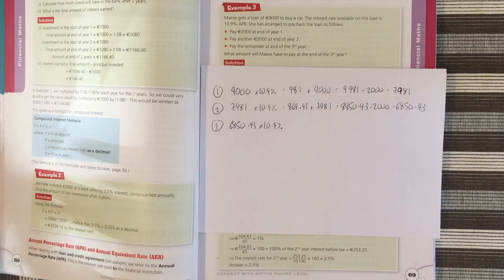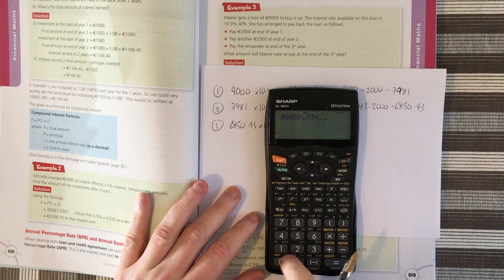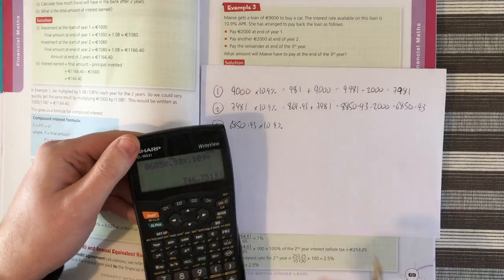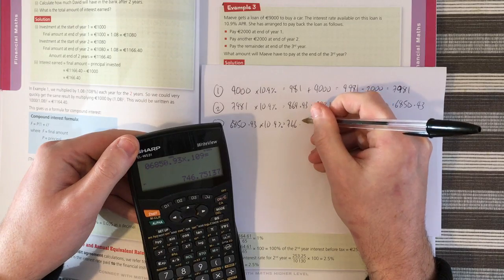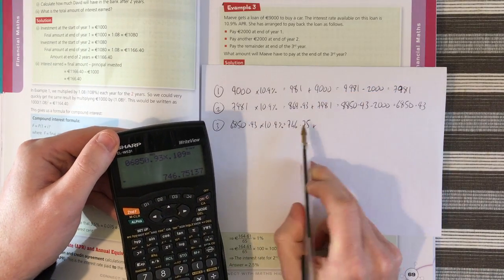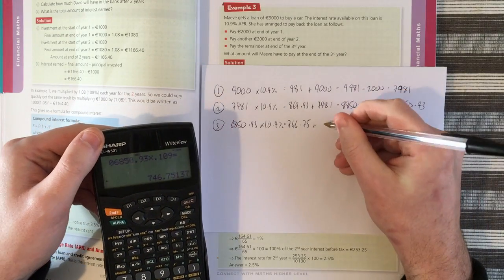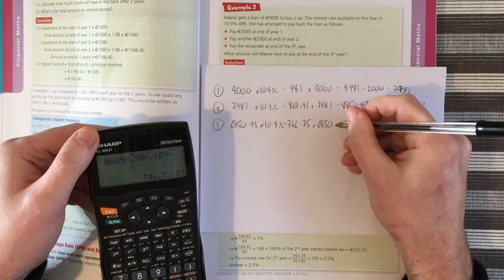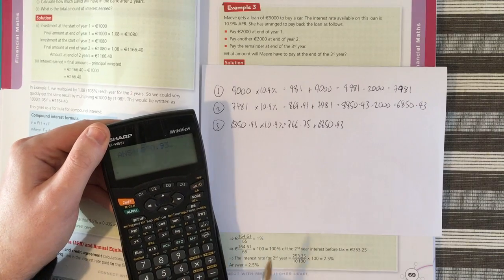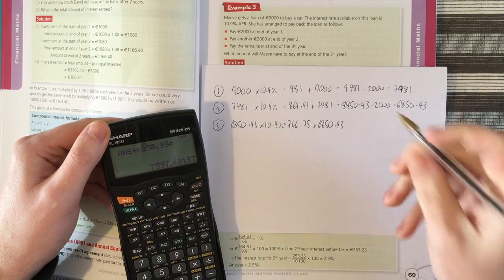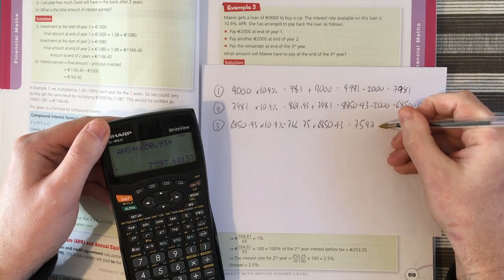She's going to pay interest of 10.9%, so 6,850.93 multiplied by 0.109, that is 746.75 to 2 decimal places. So that's the interest the bank charges her, so she has to repay that on top of the 6,850.93. So that is 7,597.68.